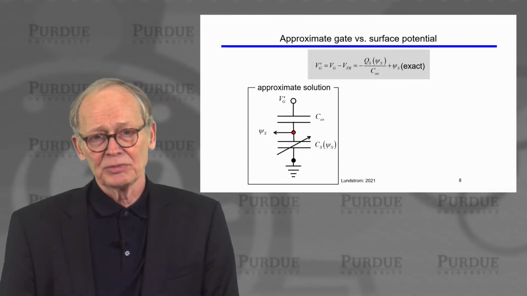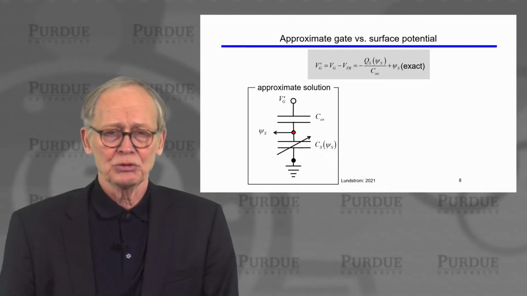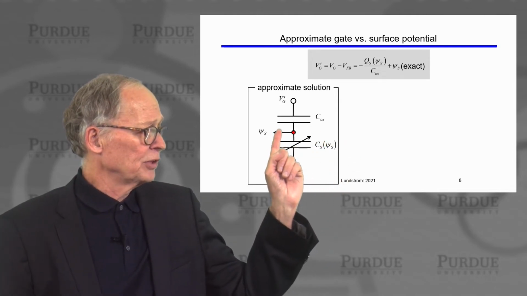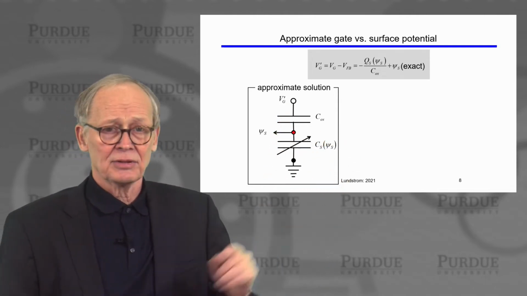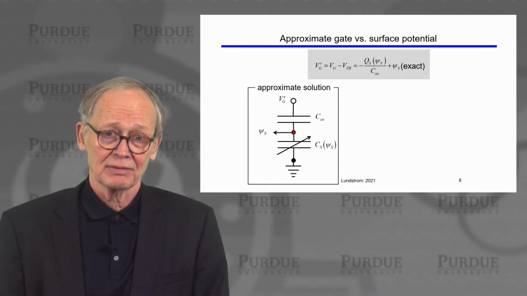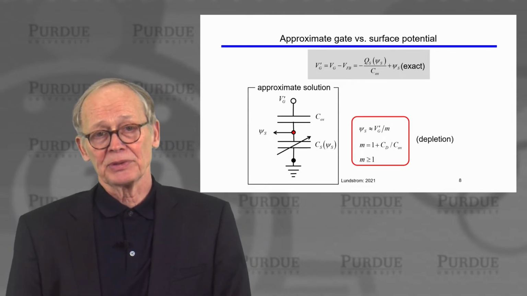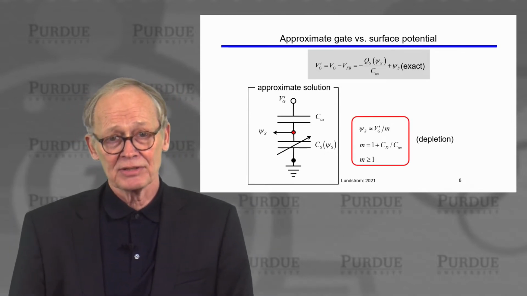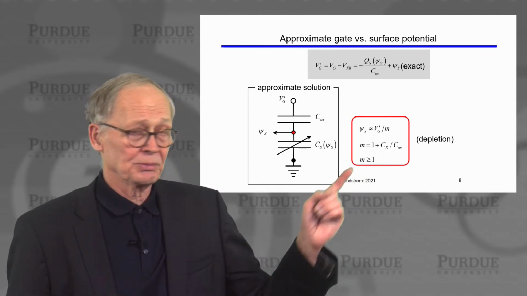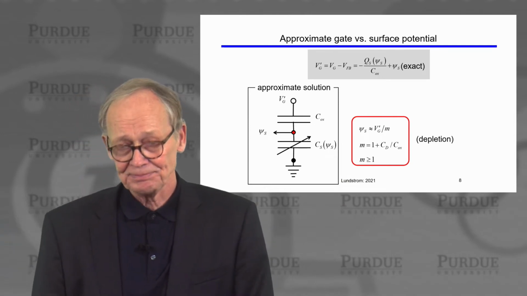But if we assume that we can just use an average surface potential, then we can treat it as two capacitors in series. We can relate the voltage between those two capacitors to the voltage we apply in the gate by voltage division. And what we find is that the surface potential is some fraction of the gate voltage. And that fraction is determined by this important parameter m, which is always greater than or equal to 1.